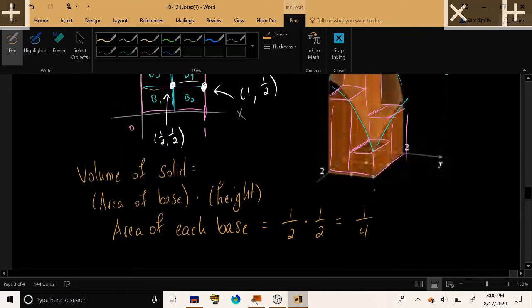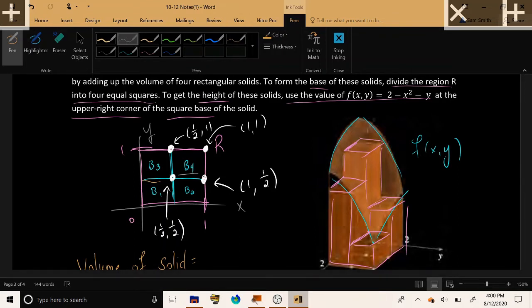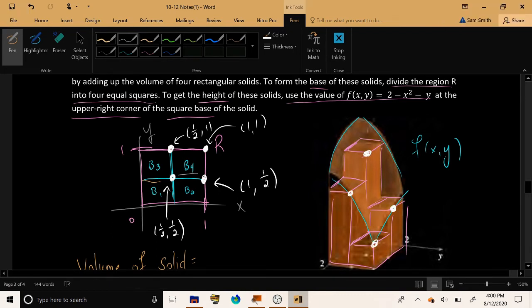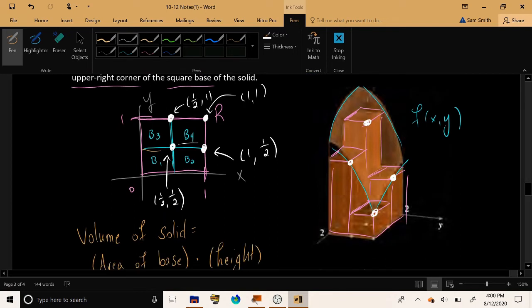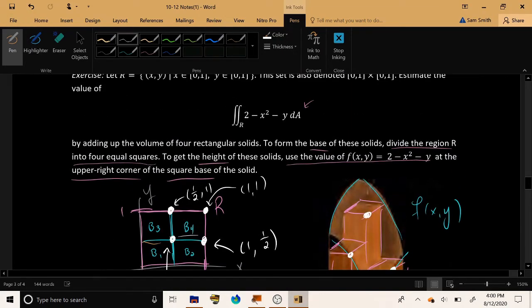Now let's consider the height of each of these rectangular solids. They tell me to find the height by plugging their upper right corner into the function. The function's value at its upper right corner is going to be the height for these solids. So, for example, plug in the upper right corner of box number 1, which was 1/2, 1/2, into the function f of x, y.